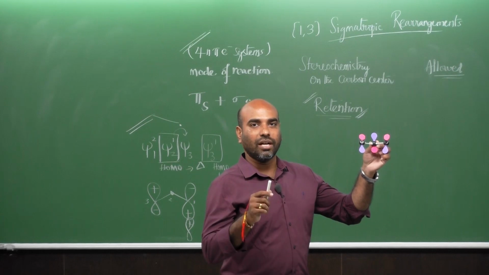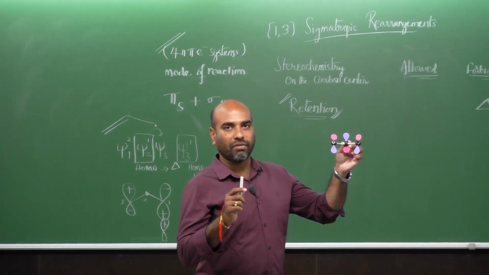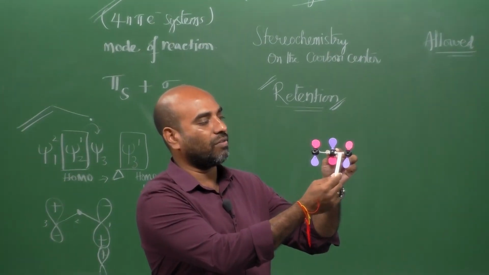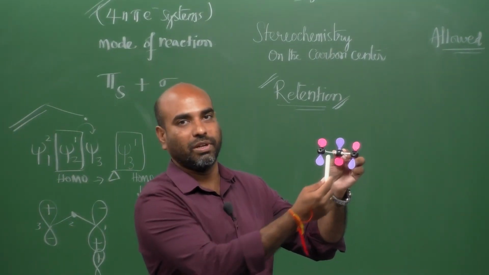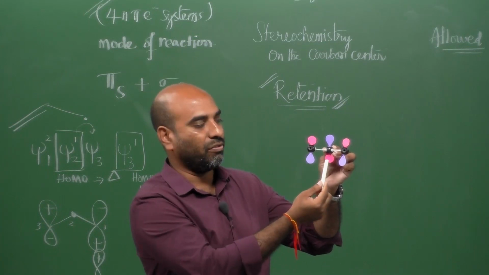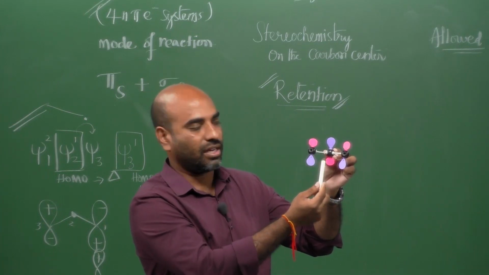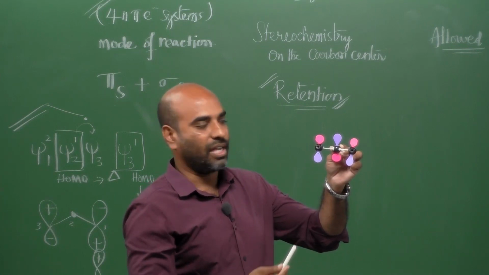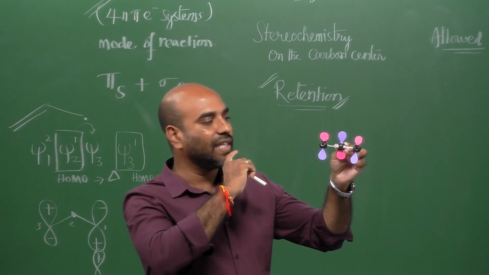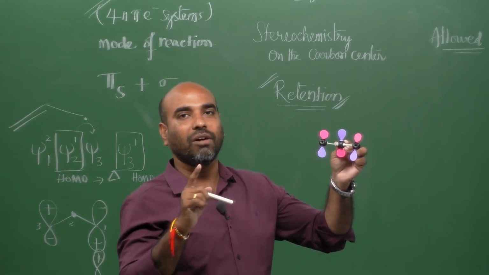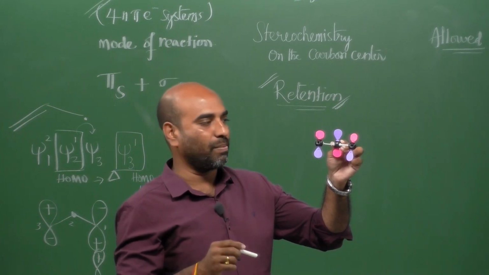You will see two nodes, one between these two and the other between these two. Positive wave function and negative wave function with a node in between, then negative and positive, again with a node. At the end, this being a psi3 molecular orbital, it will have a sigma plane of symmetry, a mirror plane of symmetry.